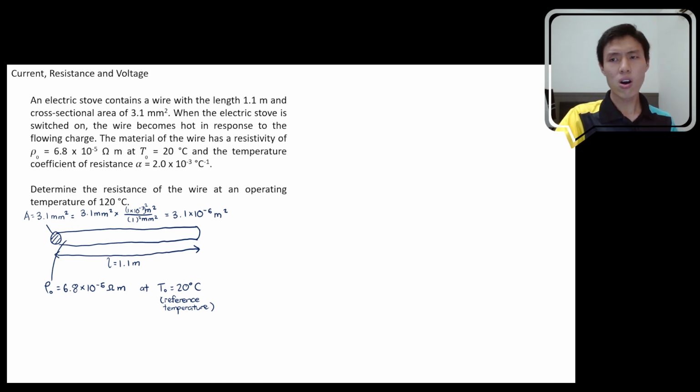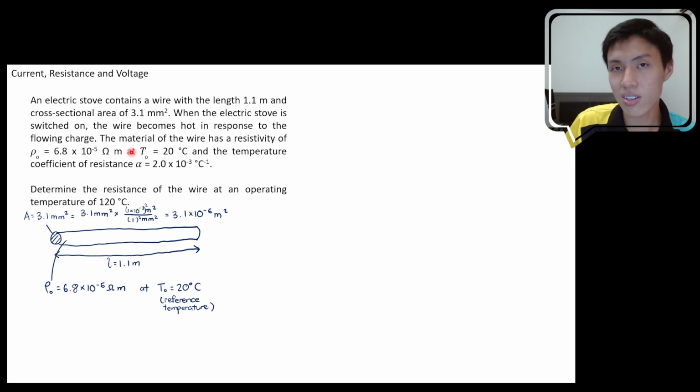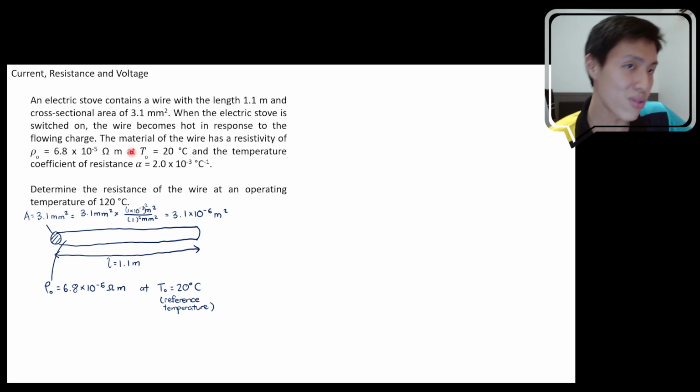So if I tell you the resistivity right now is 6.8 times 10 to the power negative 5 ohm meter, it doesn't really carry any significance because it can be the resistivity at 50 degrees Celsius, or at 0 degrees Celsius. That value itself doesn't have any meaning if we are not referring to a specific temperature.